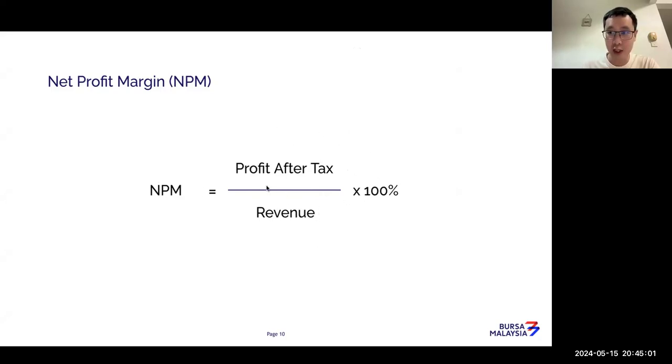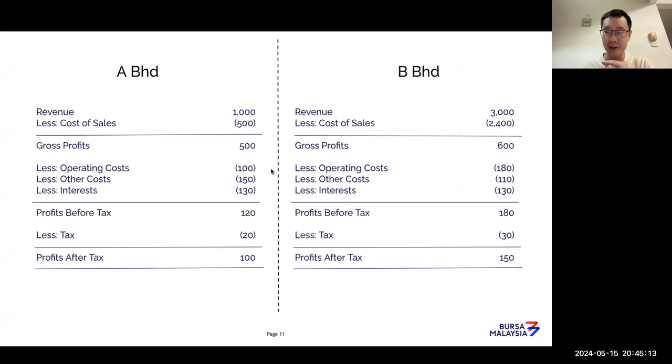Very simple. Profit after tax, divide by revenue, multiply by 100%. There you go, net profit margin. Now focus on this screen first, then later you can do it on a piece of paper, or you can open an Excel sheet where you can tabulate all these figures. So this is the A/B testing.